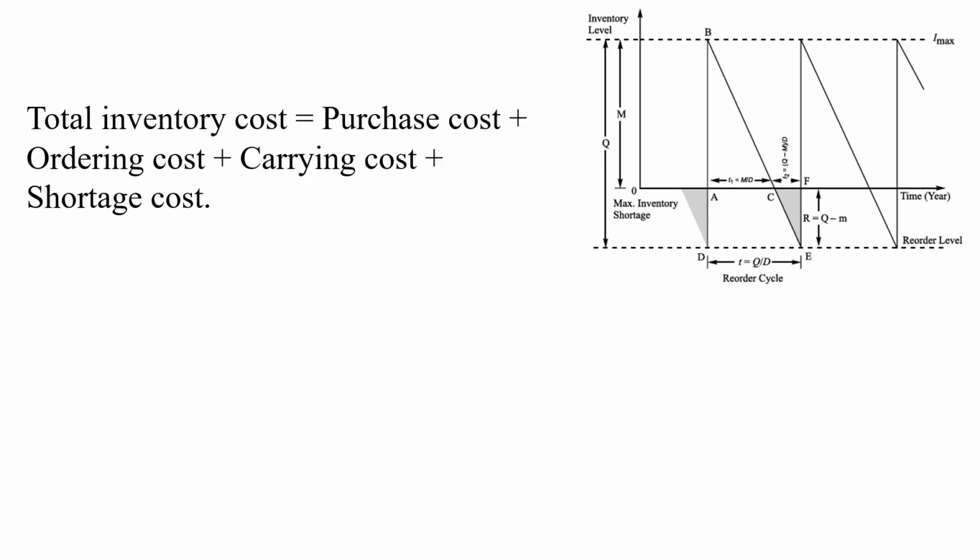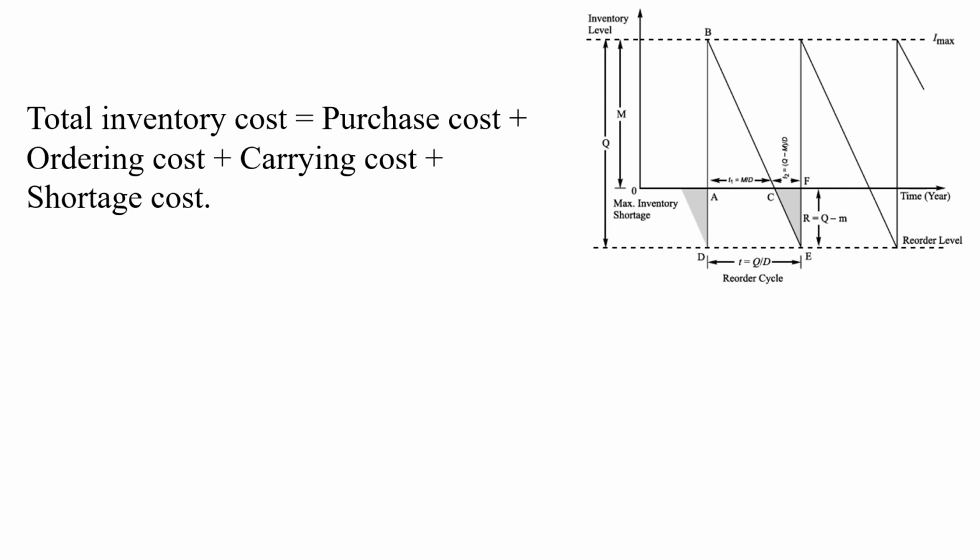Next we will see the total inventory cost. We know the total inventory cost is the purchase cost plus ordering cost plus carrying cost. But in this model we are allowing shortage, so we have to consider the shortage cost also. The total inventory cost for this model is the summation of purchase cost, ordering cost, carrying cost and shortage cost.